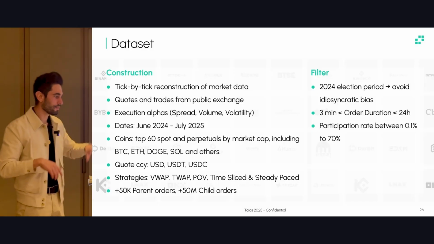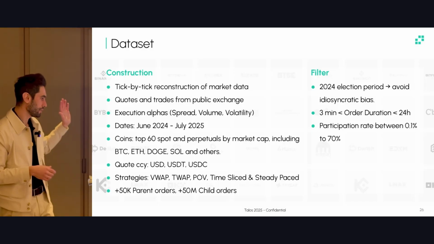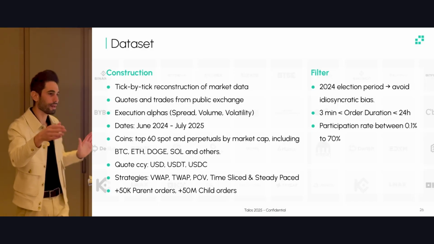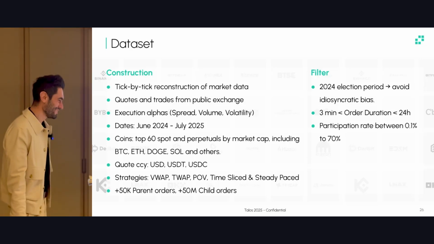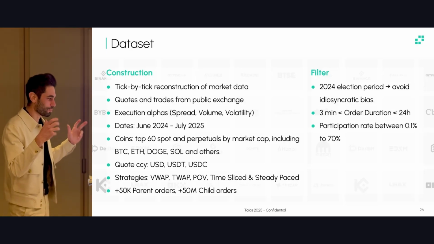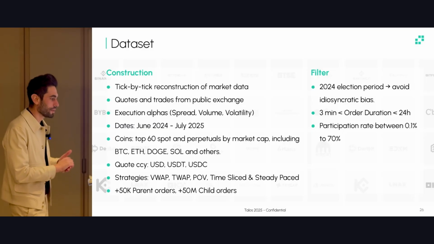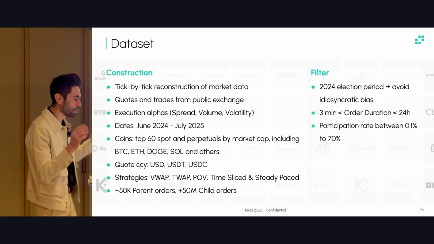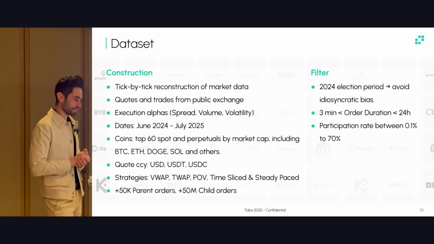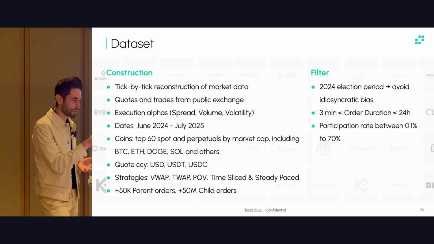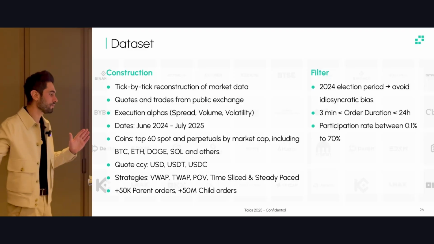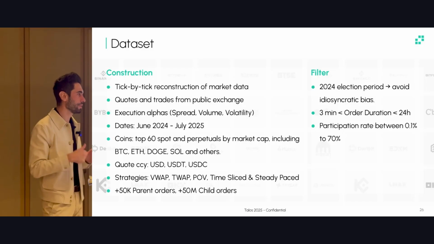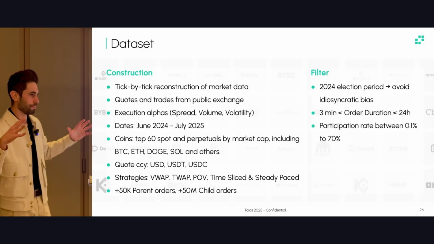The data set itself that we've been using is, again, June to July 24 to 25, not including the 11th of October. Across the top 60 spots and perpetuals, anything between BTC, ETH, Doge, Sol, and all the rest of the good ones, specifically versus USD, USDT, and USDC, across all our different strategies, across 50,000 parent orders, and so on and so forth.